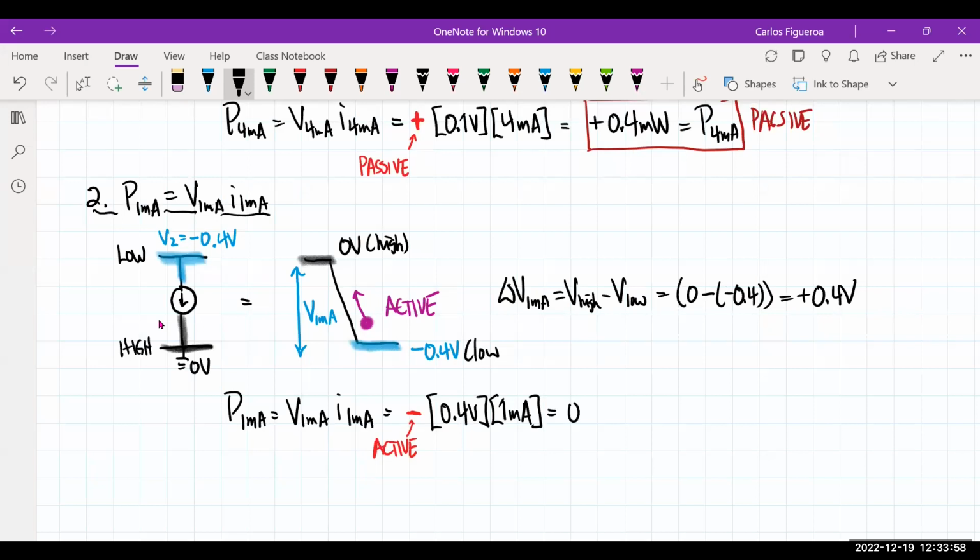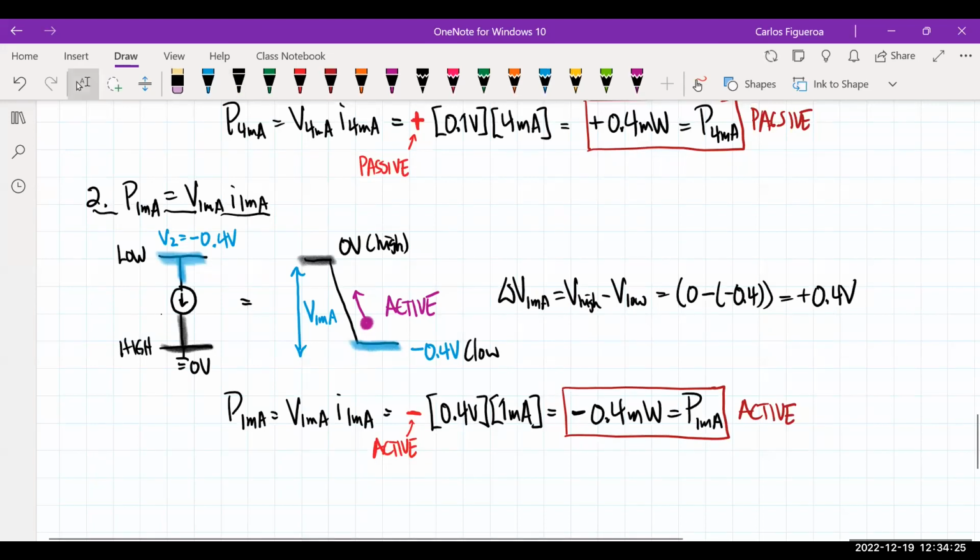That gives me 0.4 milliwatts, but oops, let me be careful. I need to put a minus sign. So it's minus 0.4 milliwatts, and that's the power of the 1 milliamp. And we know this is active.